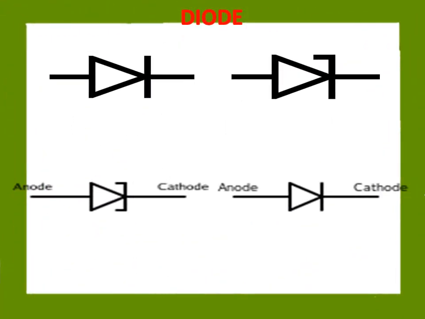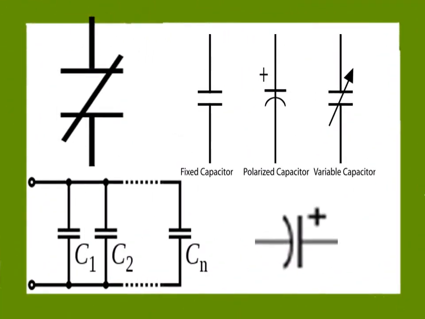Alright, these are diodes. There are some different types here. They've got the triangle with the T. It looks like an arrow with the T on it. And then there's one that has a little hook at the end. Those are diode symbols. Alright, so these are capacitors.